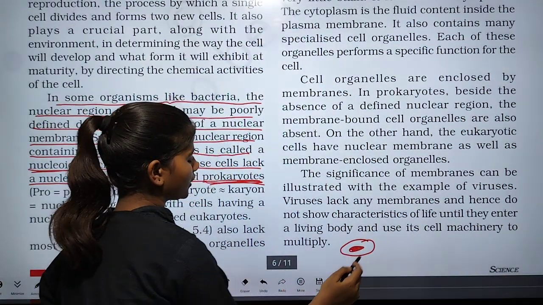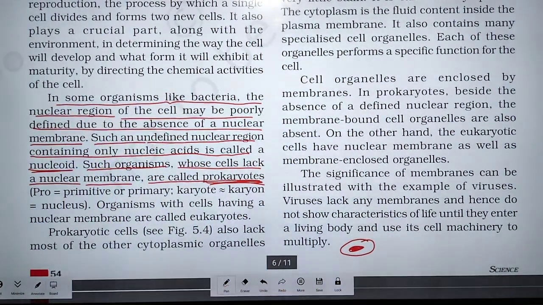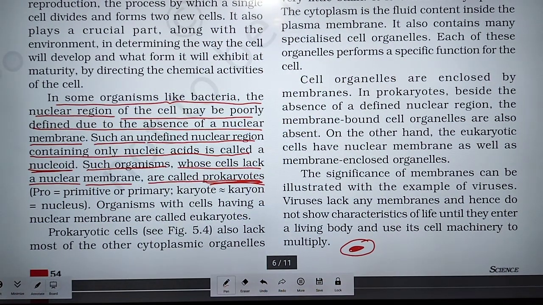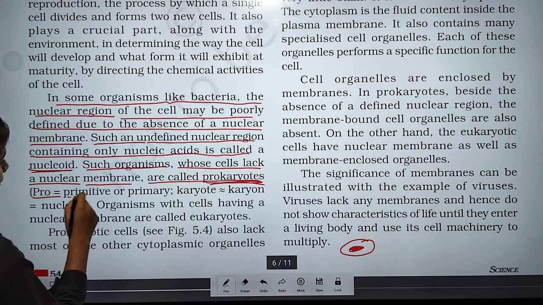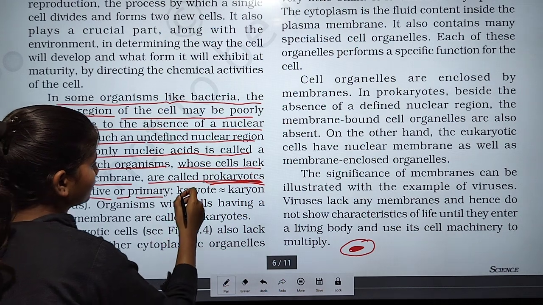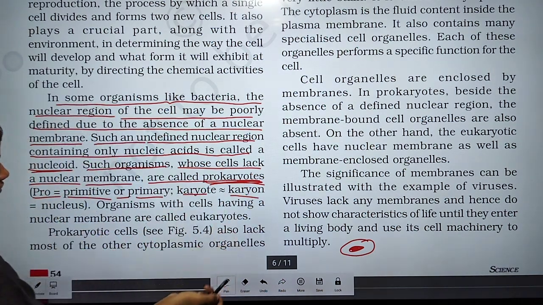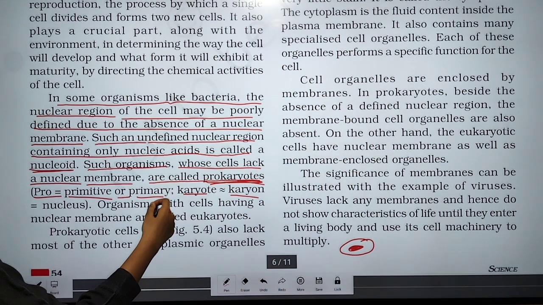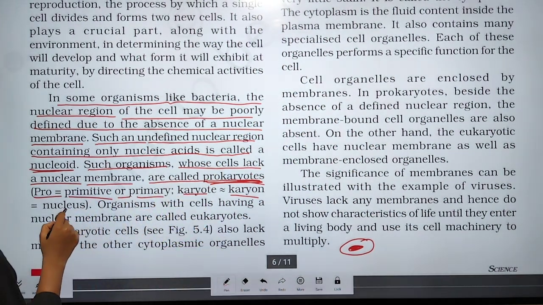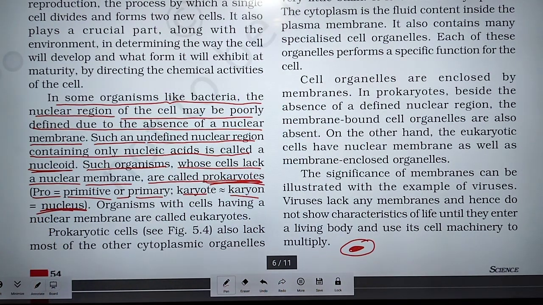Pro means primitive or primary, and karyon means nucleus, so karyote equals nucleus. In a prokaryotic cell, a well developed nucleus is not present.